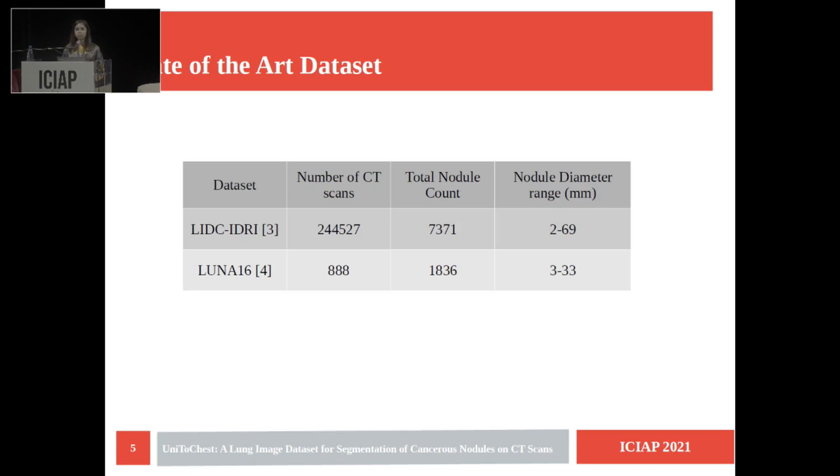There is another dataset that is used by researchers, which is Luna 16. It is actually a subset of LIDC, and it has a lesser number of CT scans and hence fewer nodules present in them, as the nodule diameter range is limited to 3 millimeters to 33 millimeters.